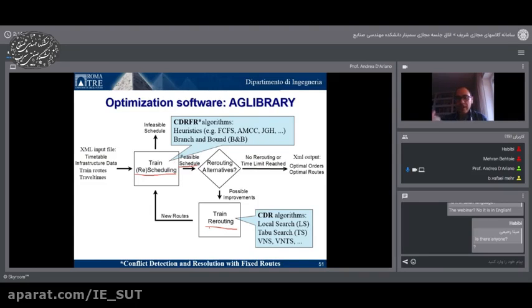And for the routing problem, we developed a local search first, and then we improved the local search to tabu search, variable neighborhood search, hybridization of variable neighborhood search and tabu search, and so on. So we opt for heuristic methods in this case, and we opt for heuristics and exact methods in this other case.